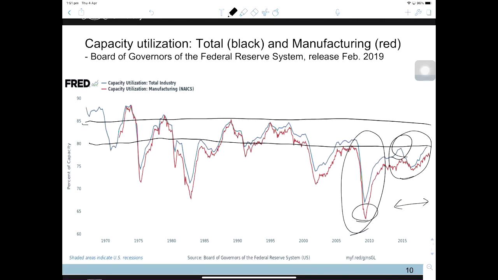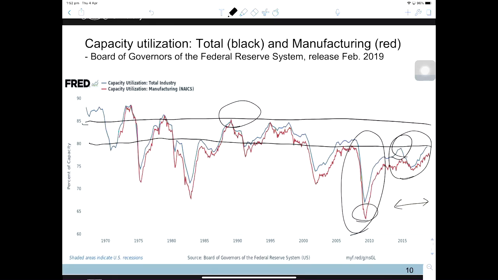Very often the central bank observes this over-investment or over-optimism from consumers, and they're worried about asset bubbles and over-borrowing from the private sector, so they tend to tighten monetary policy when the utilization is close to 85%.